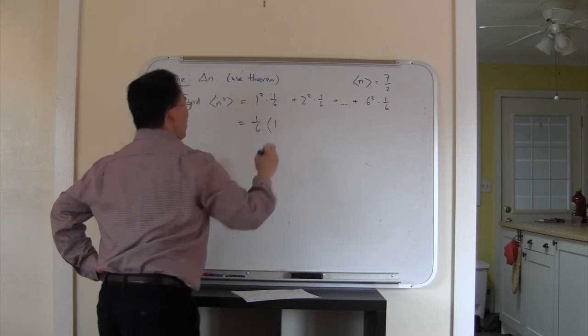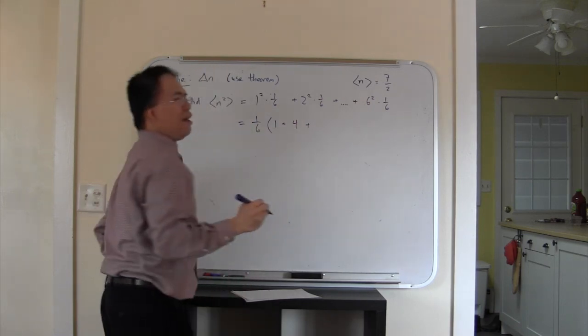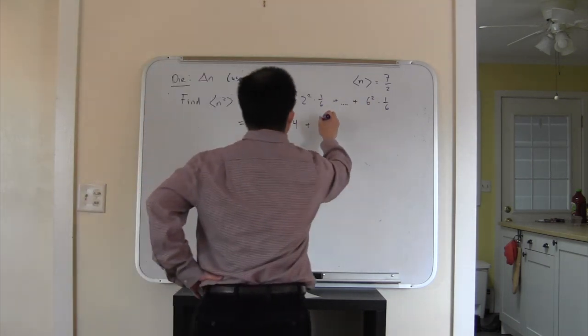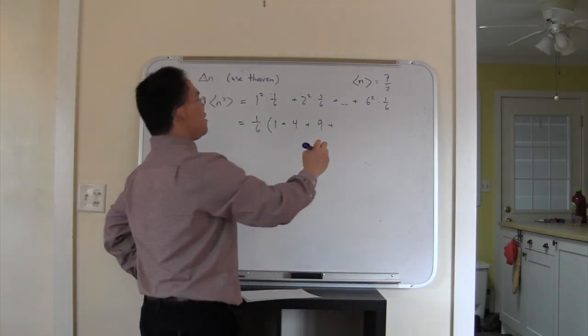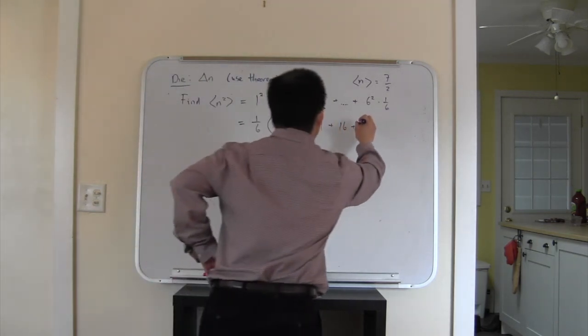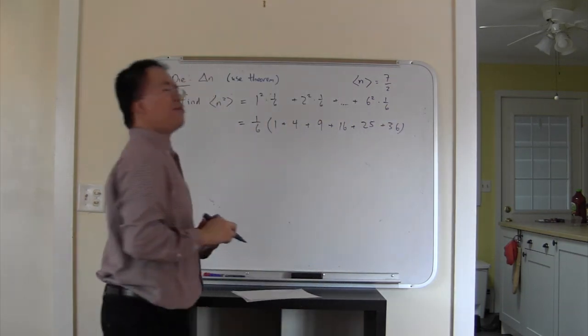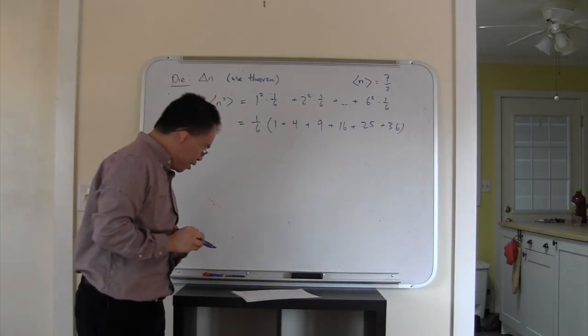I'm going to get 1 plus 4 plus 3 squared is 9, plus 4 squared is 16, plus 5 squared is 25, plus 6 squared equals 36.